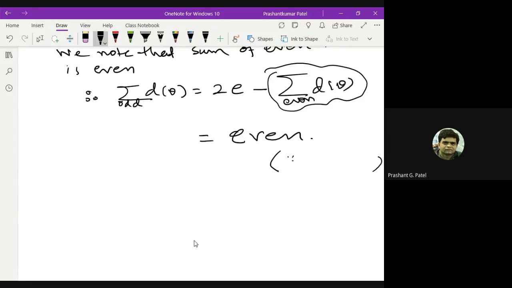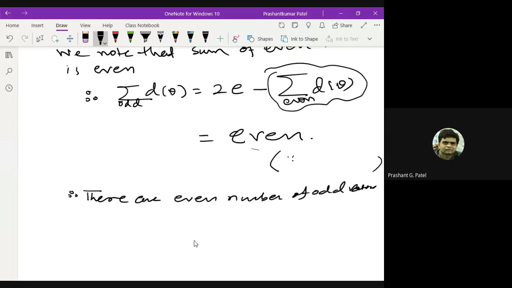So ultimately what we have proved is that there is an even number of odd vertices, because this sum is even and there are a number of odd vertices in it.